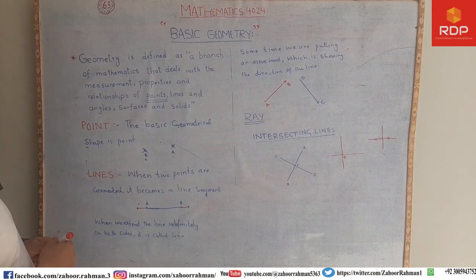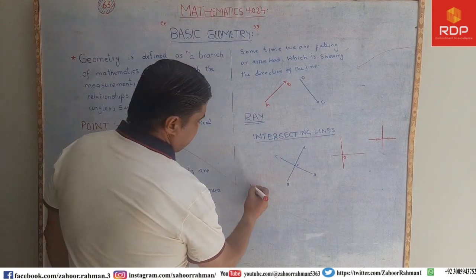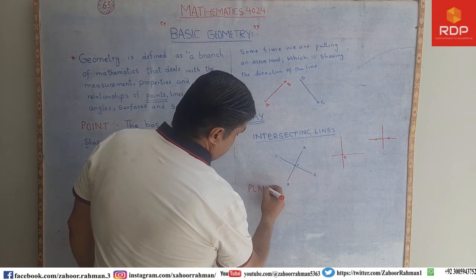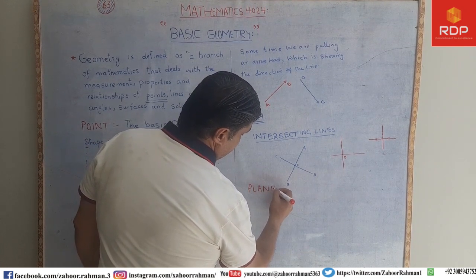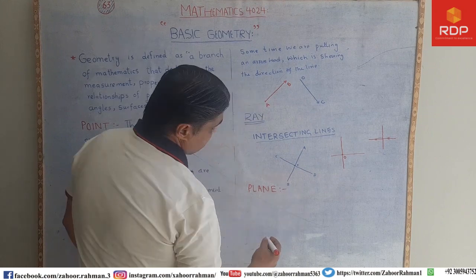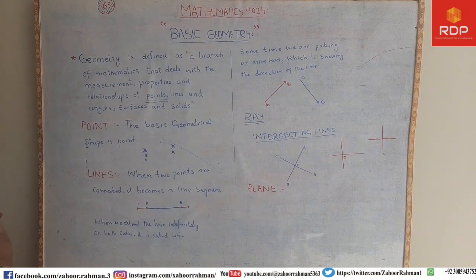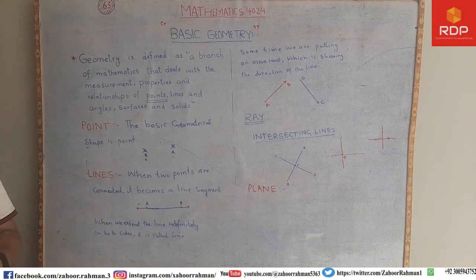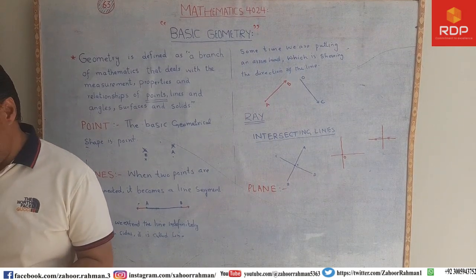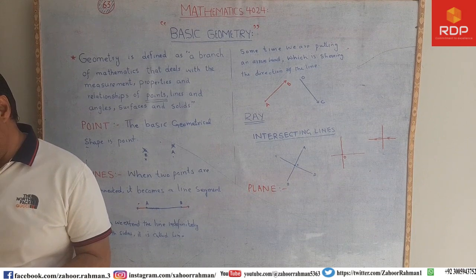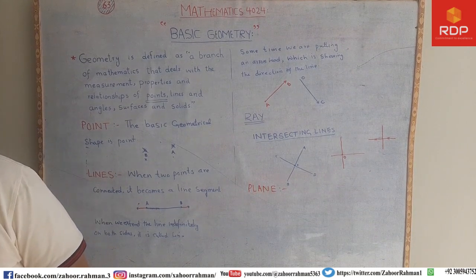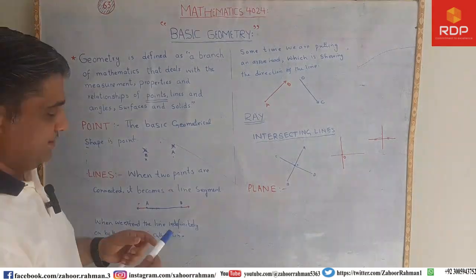Next one is the plane. We have to define a plane. Ladies and gentlemen, it is a flat surface in which two points can be connected by a line that lies entirely on the surface.